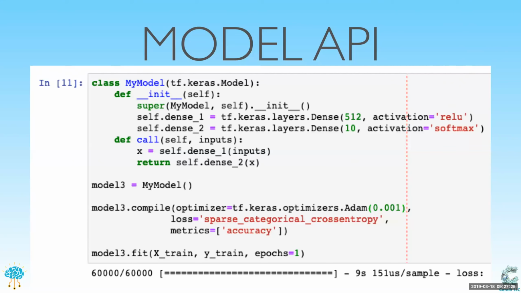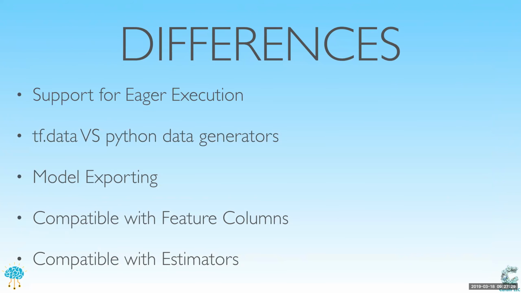So to summarize, the key differences between TensorFlow 2 and the open source Keras are the following. First of all, TensorFlow 2 supports eager execution, whereas the Keras open source is still based on TensorFlow 1.